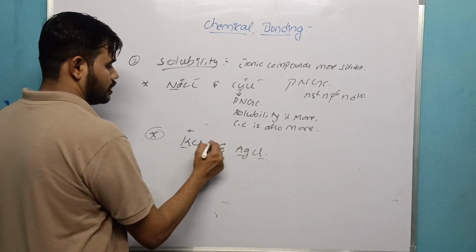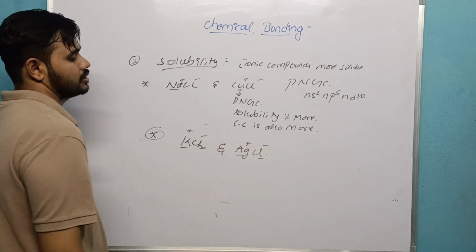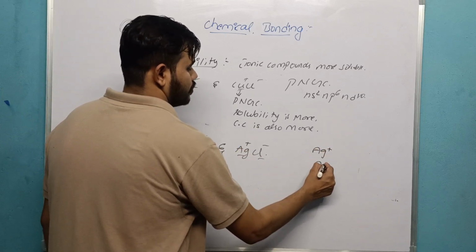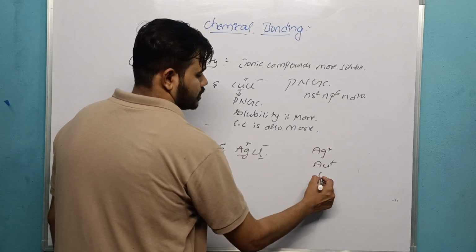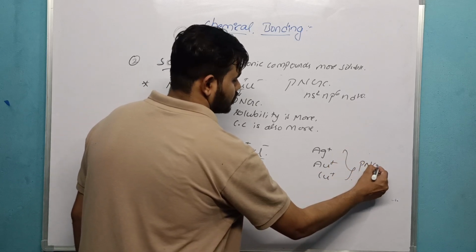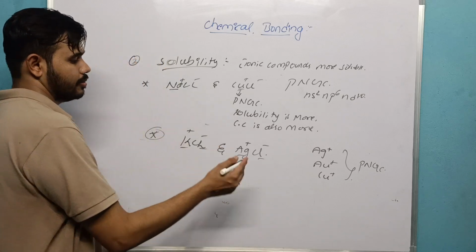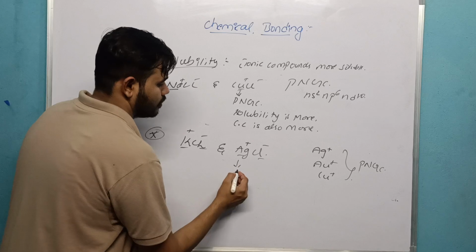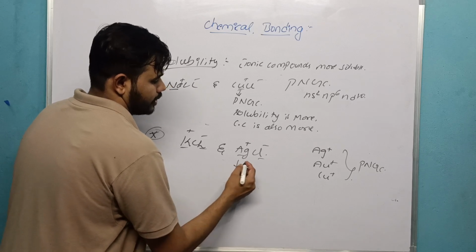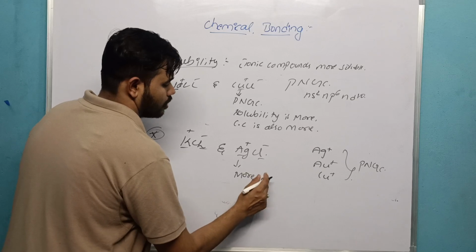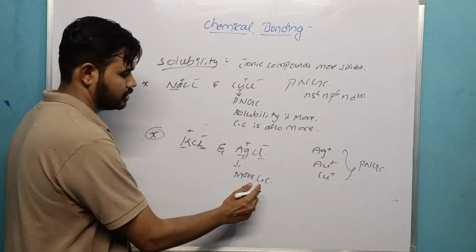K plus Cl minus, Ag plus Cl minus. We know that Ag plus, Au plus, Cu plus follow pseudo noble gas configuration, so their covalent character will be more. So here we have Ag plus, that is the silver ion. Here it has more covalent character. Cc means covalent character in short form.